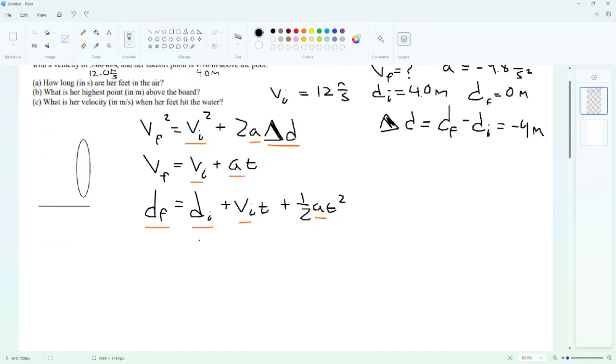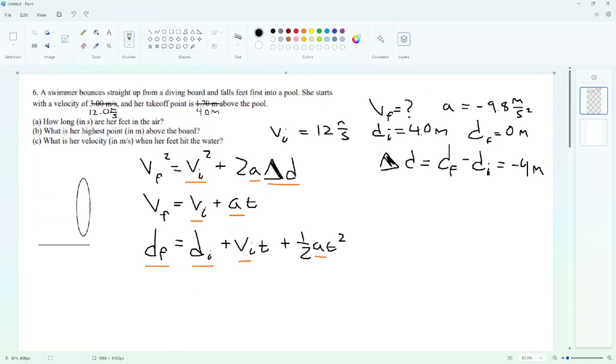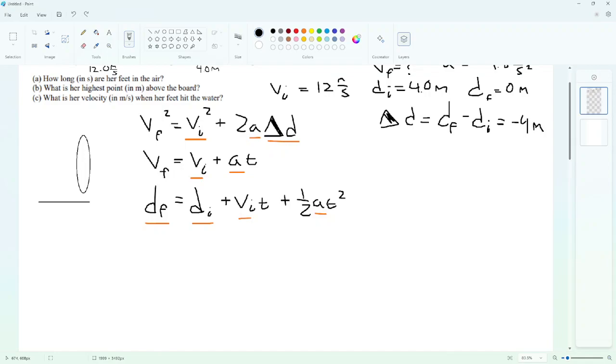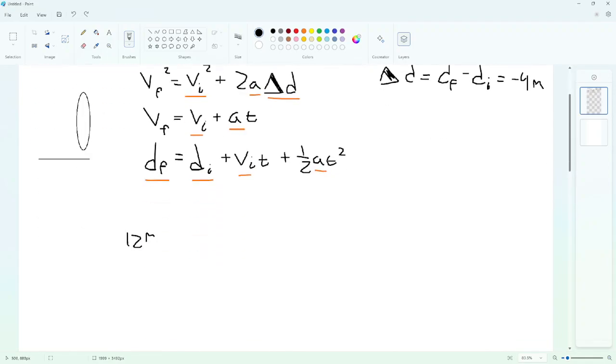So let's go ahead. The initial velocity squared, 12 squared, plus 2 times negative 9.8 meters per second squared times the displacement, which is negative 4, is equal to velocity final squared.